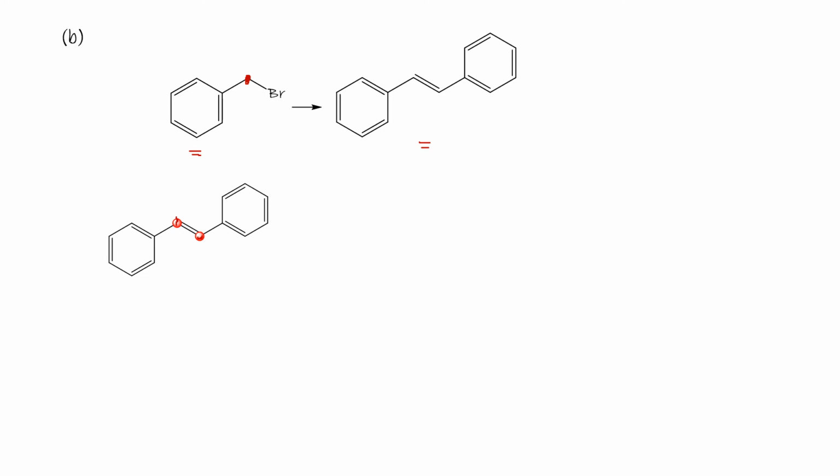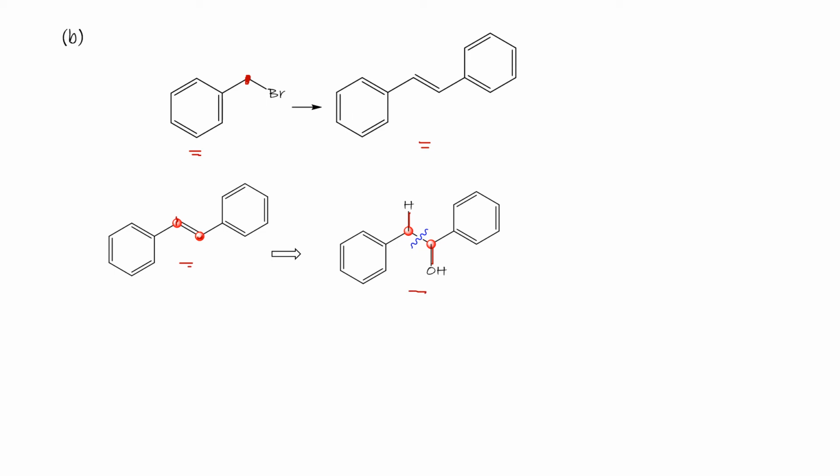Well, one will say this might come from the alcohol. We have an H in here, we have an OH in here, subject to sulfuric acid and heat, elimination of water, giving this one.